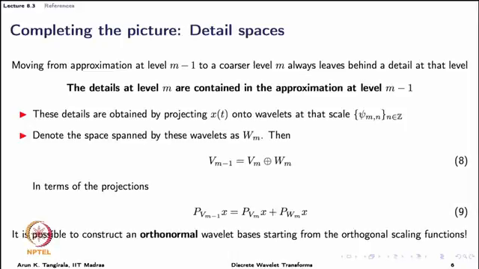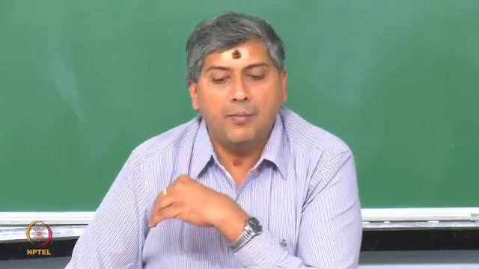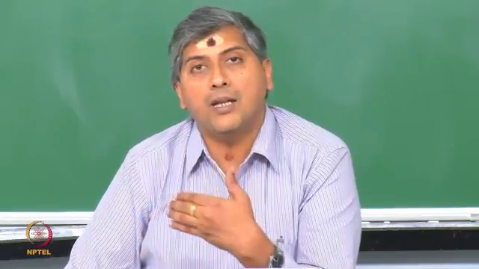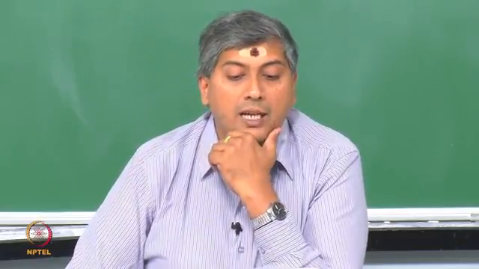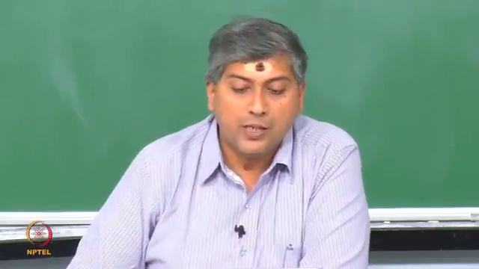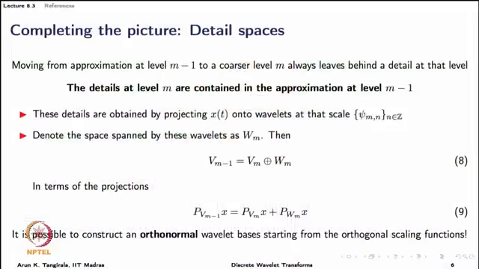So we call that a detail at level m, and therefore we say that the details at level m are contained in the approximation at level m minus 1, because m minus 1 is a finer approximation. How are these details computed? Well, they are computed by projecting x of t onto the bases that span this detail space, and the bases that span this detail space are the wavelets, because they are essentially band pass filters, so the wavelets at that scale and their translates, and that is what this means here, psi of m comma n, n belonging to Z.